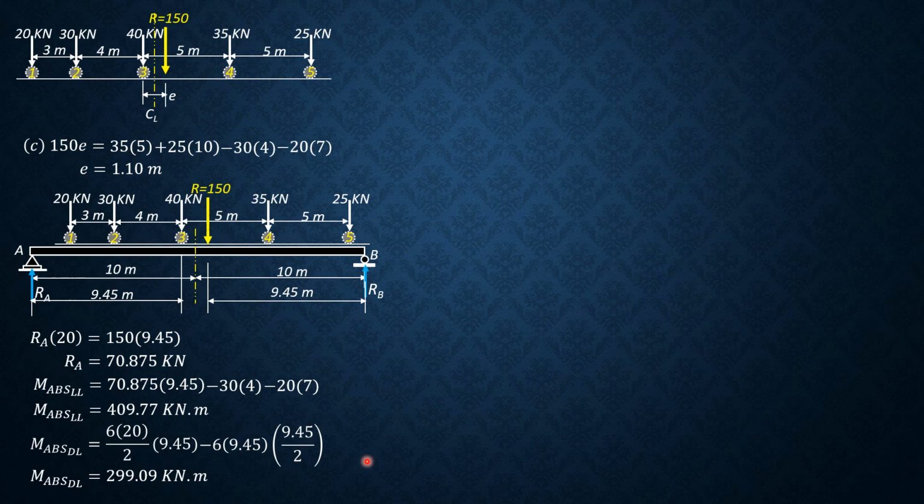So moment absolute due to dead load is 299.09. The absolute is at the center, but this is the moment under load 3, which is close to absolute. That's why we combine these two, because there's a big possibility that this will be greater than the moment at center, because this is the absolute combined moment.